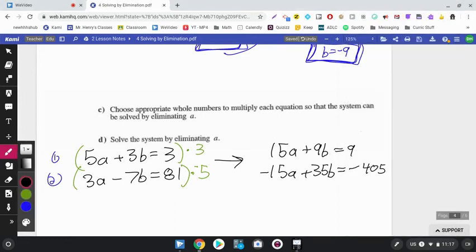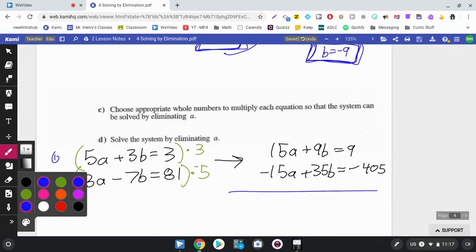Now it's set up for me to add. I would eliminate the a's, have my b's and my constant, and solve.